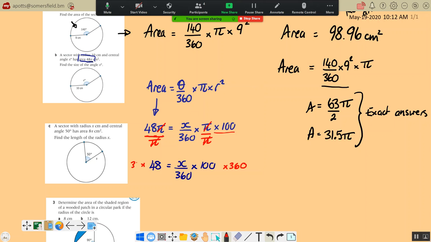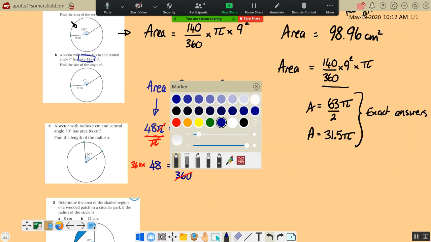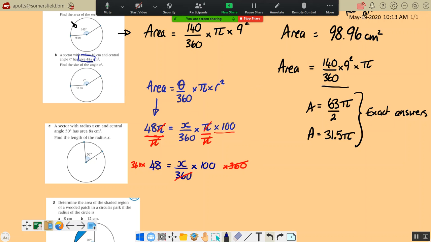Can you do that for me? So that gets rid of that one. That would give me 100x on this side because 360 is gone. What's 48 multiplied by 360? 17,280.